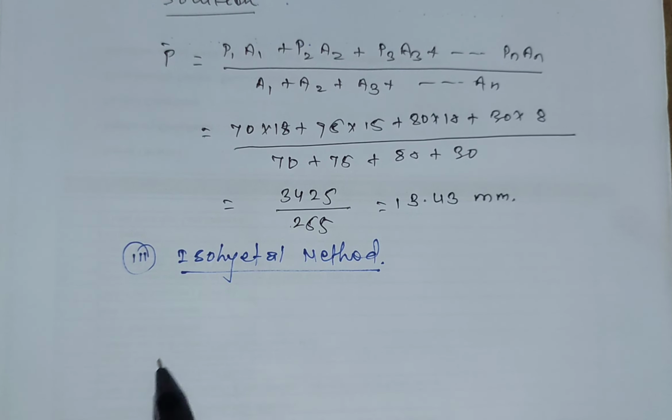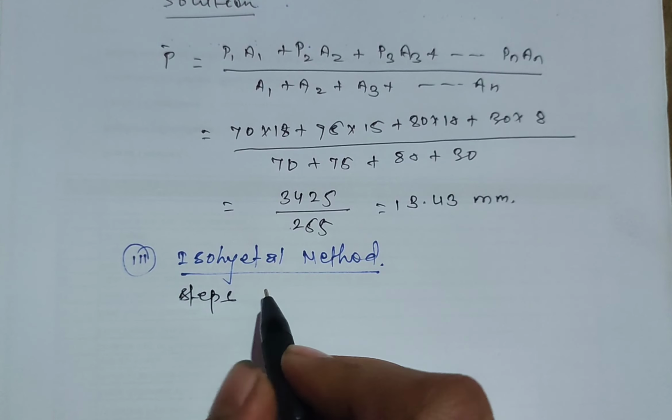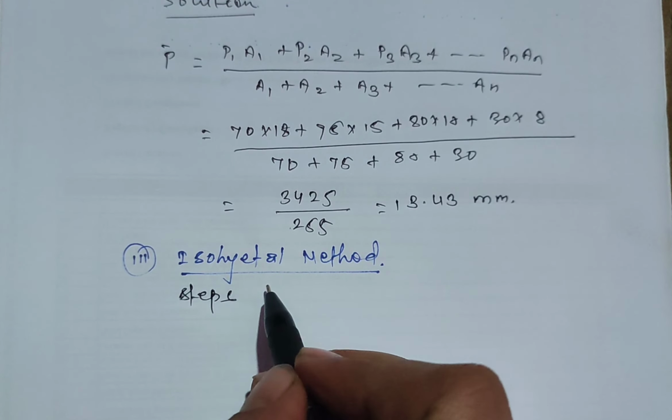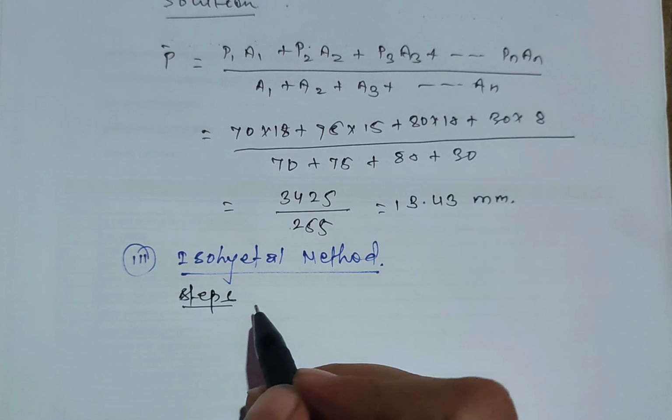These are the steps that are carried out to calculate the mean rainfall using the Isohyetal method.